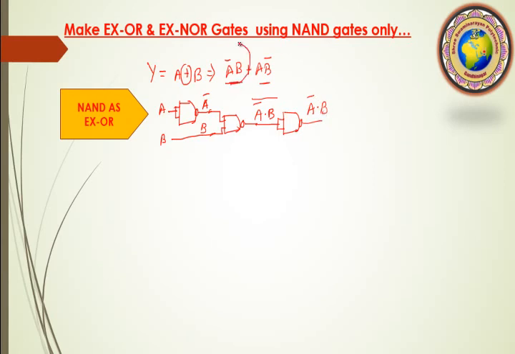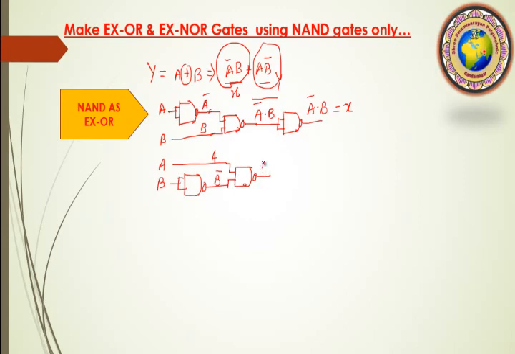This portion, suppose I call X, will be achieved. Now in the same way I want to achieve this Y. So with the same procedure, I take A directly, then B inverted, and here is B bar. Then they will be multiplied, so I use one more gate here.